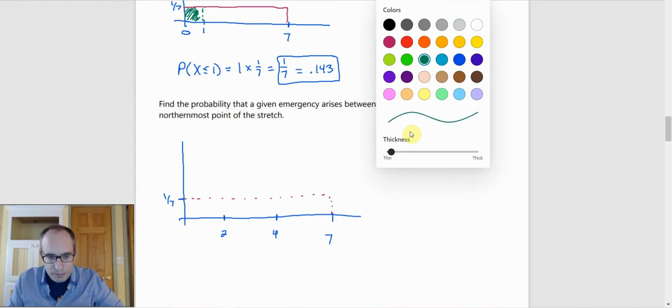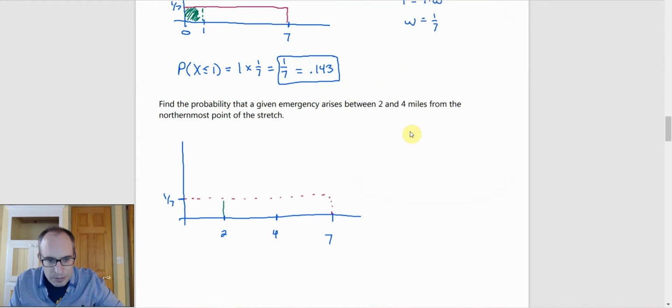So, okay, there's 2, and there's 4, and we need this in here, right, between 2 and 4. Okay, well, the distance between 2 and 4 is 2, right?